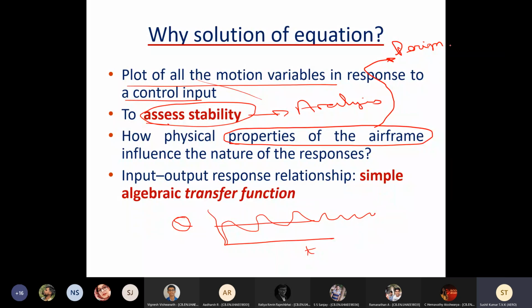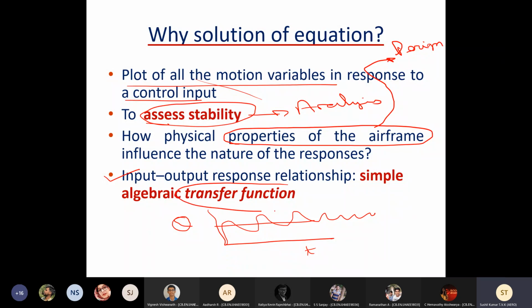Just having the differential equation makes it very difficult to interpret what's going on. You would like to have it in a simple algebraic equation, and that's where the transfer function approach comes in handy. State space is very good if you're using computers, but it doesn't give you a feel of things. All the number crunching is going on in some matrix.